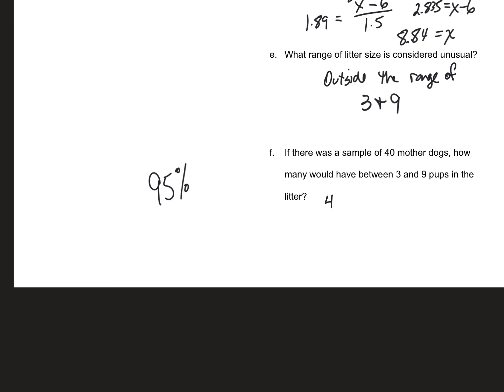So what we need to do is multiply the number of outcomes, in this case 40, times our percentage, which is 0.95. So 95% of our data is going to fall in there. So on these mothers, we will multiply times 0.95, and the answer I get is 38. 38 of the litters will fall between the range of 3 and 9 puppies.